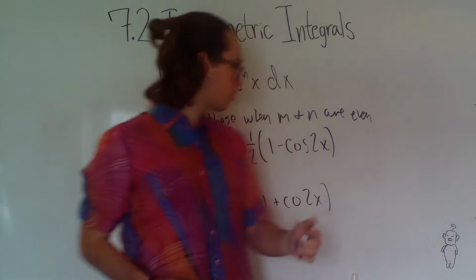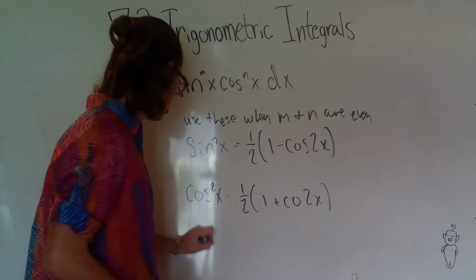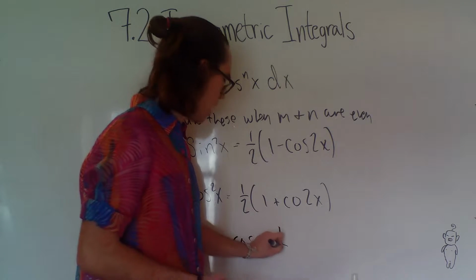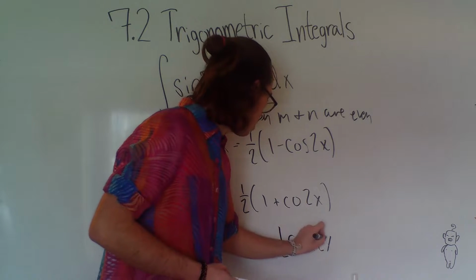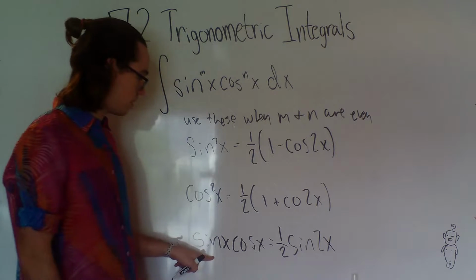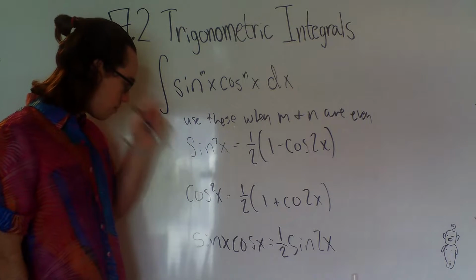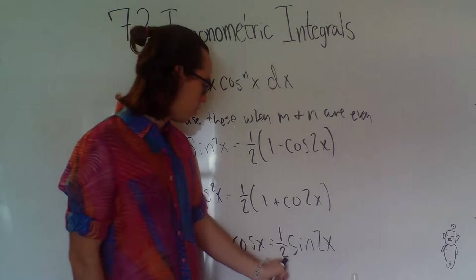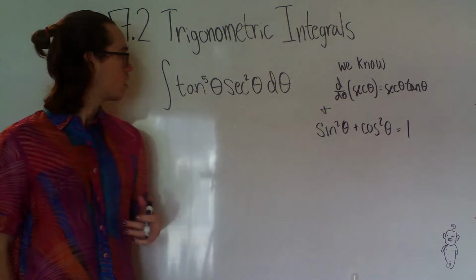And one final note that might be helpful is we know that sine x times cosine x is equal to 1/2 sine 2x. So if we just had the integral of sine x cosine x, or maybe sine squared x cosine squared x, we could rewrite it in terms of 1/2 sine 2x, and that could be very easy to use.